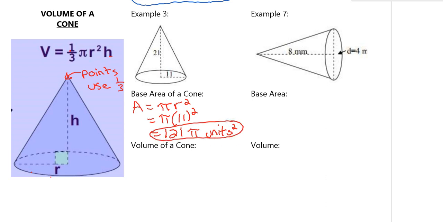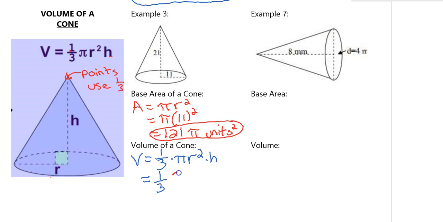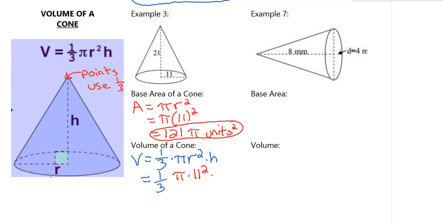Now our volume is 1/3 times pi r squared times the height. That pi r squared is the same as our area. So pi times 11 squared, and our height in this case is 21.